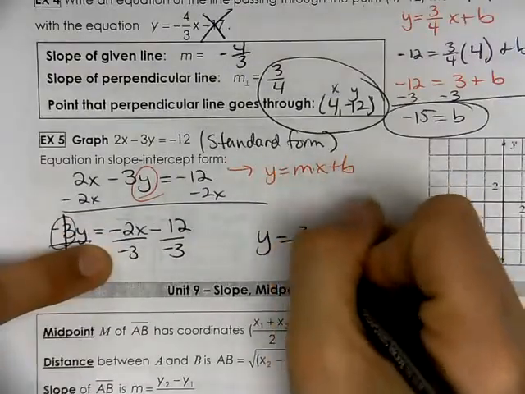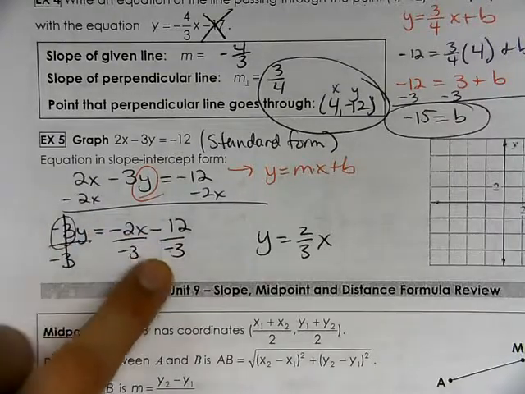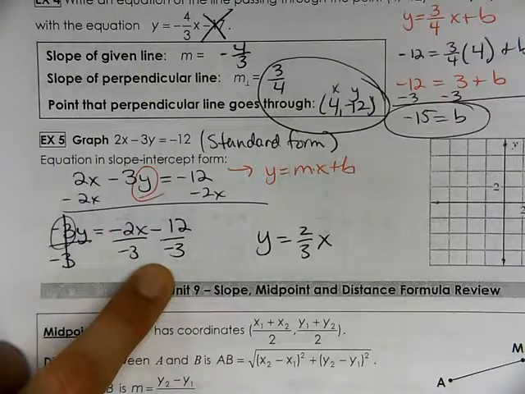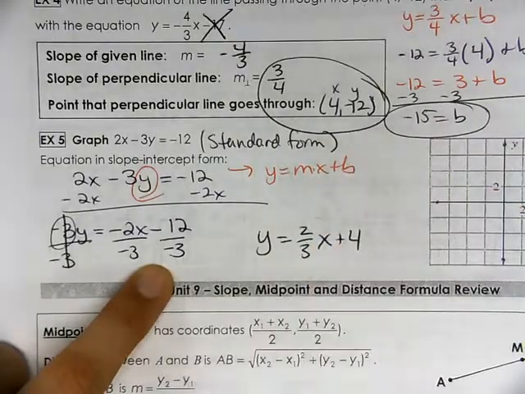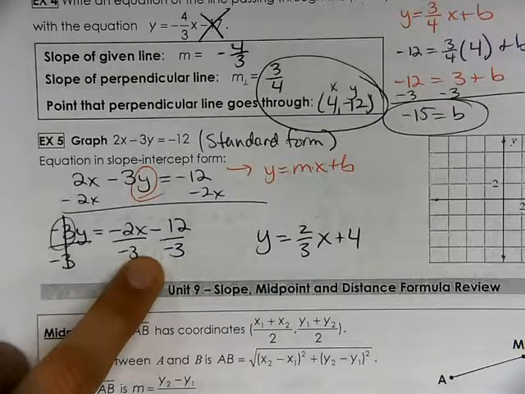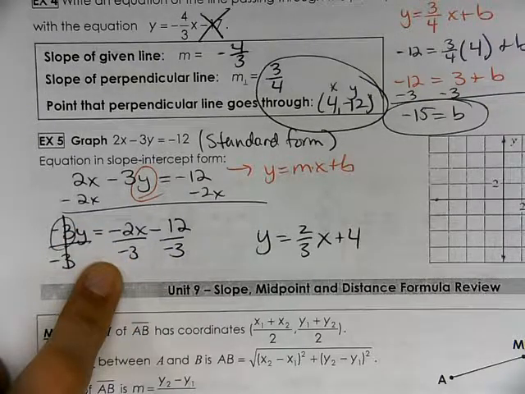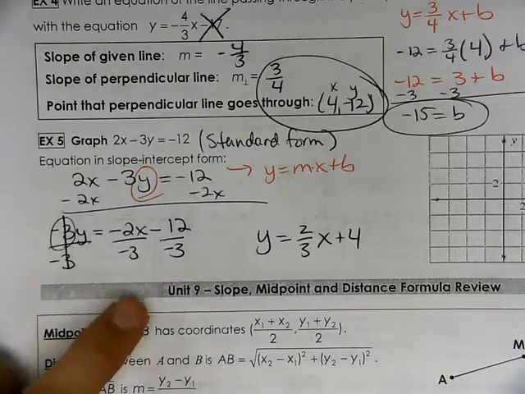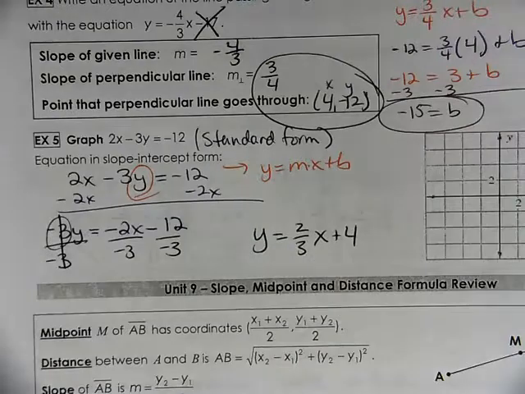Just regular 2/3. Keep the x. What's -12 divided by -3? 4. What's a negative divided by a negative? Right, negative divided by negative. If I was just dividing by regular 3, these would both stay negative. Good question.